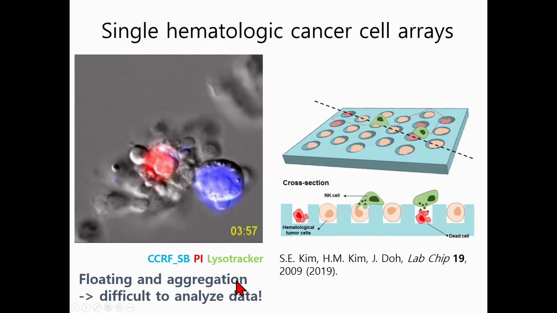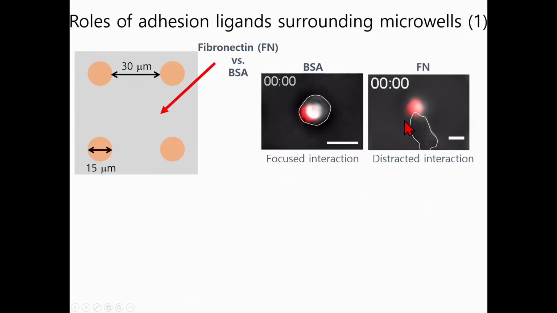So we decided to make a single cell array of blood cancer cells, and now NK cells can engage one cell at a time and then migrate to another cell after killing or after not killing. And we coated the background either with fibronectin or BSA.